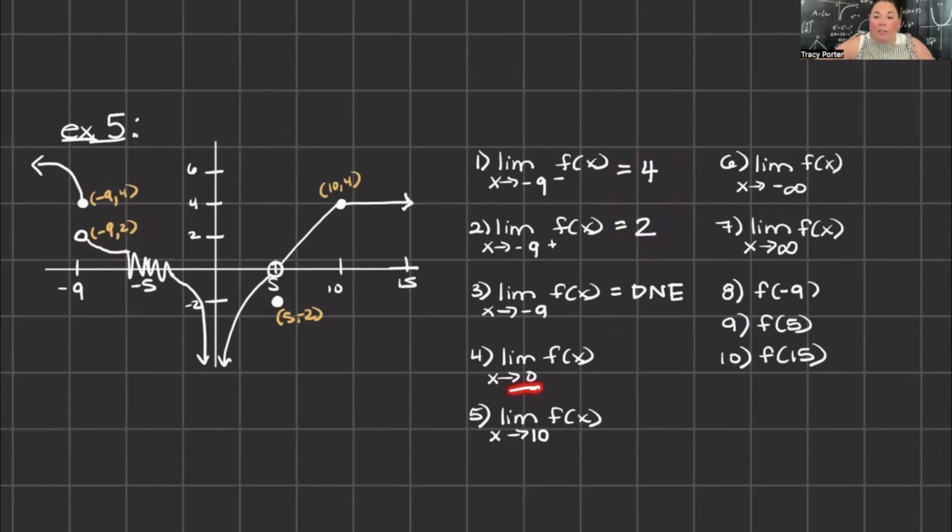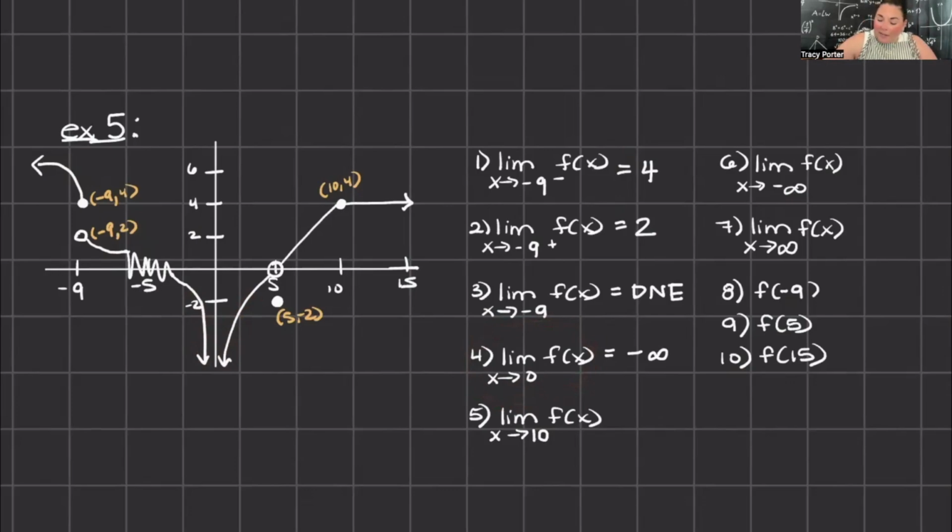Well, now we're not looking at the left and right separately, by the problem, but we really do need to consider that because here, to the left and right of 0, both sides are going to minus infinity. So we could say that this is going to minus infinity, but of course, as a number, we would say it doesn't exist.